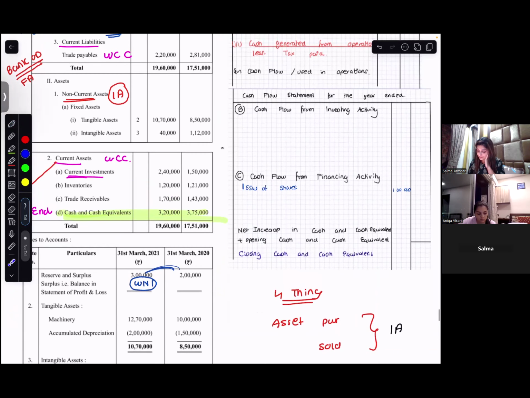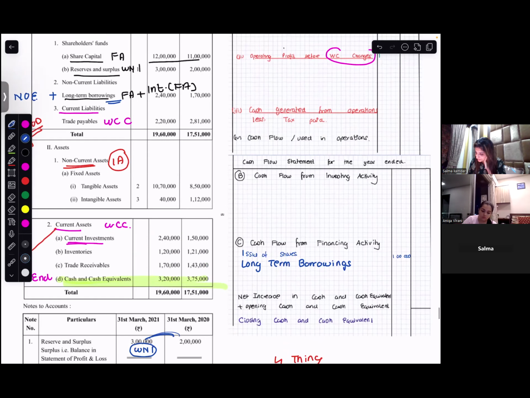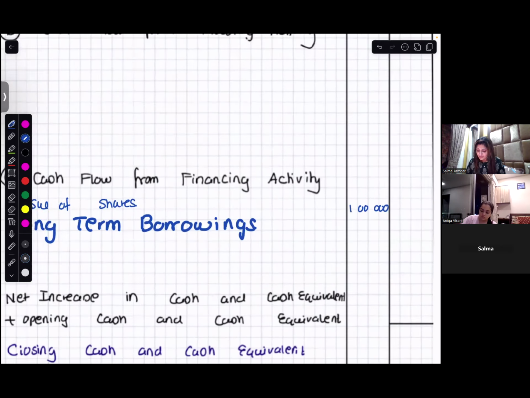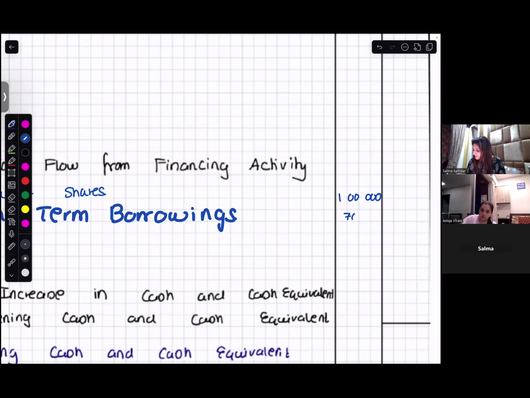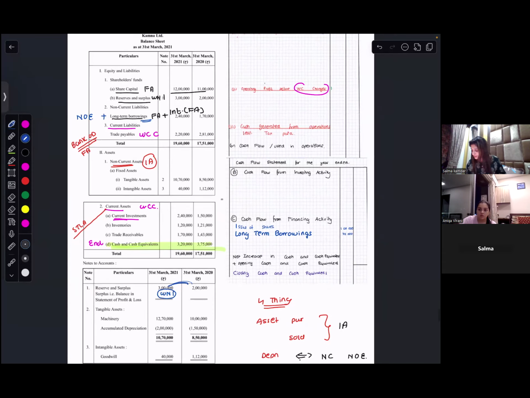No, so I will just write long term borrowings. How much? 70,000. But as general information, what could be another information on your long term borrowings?